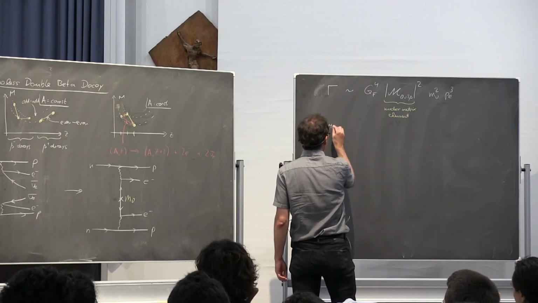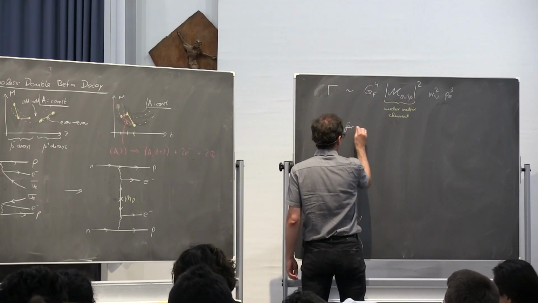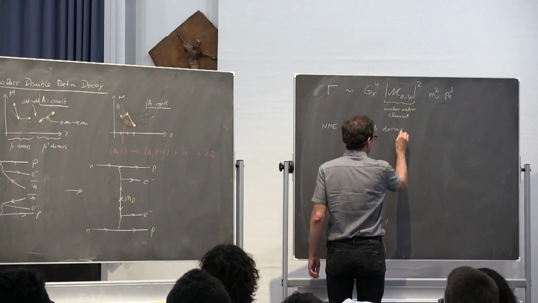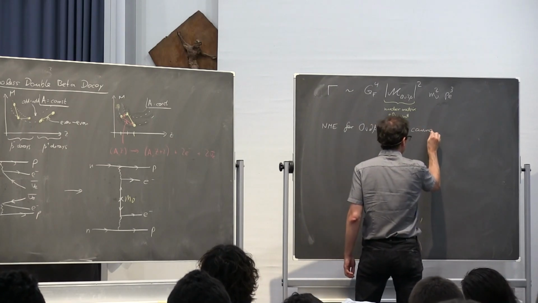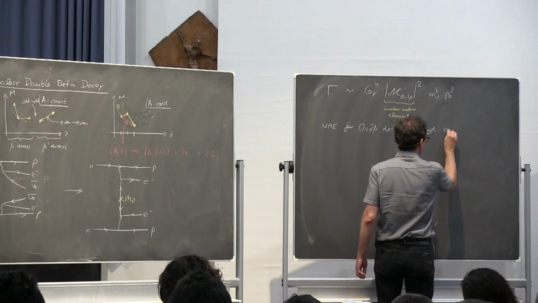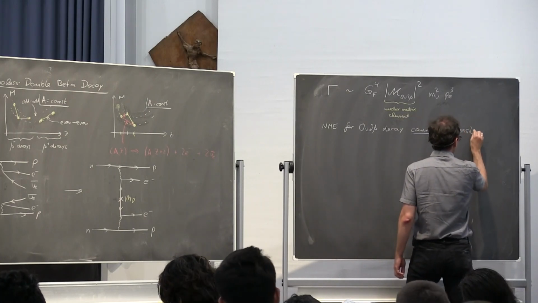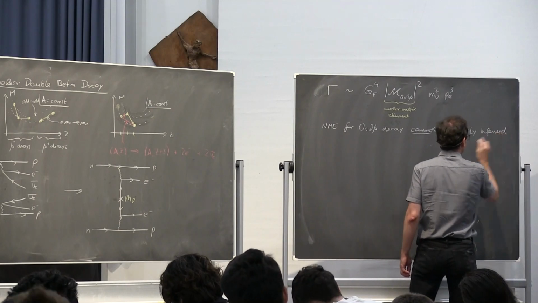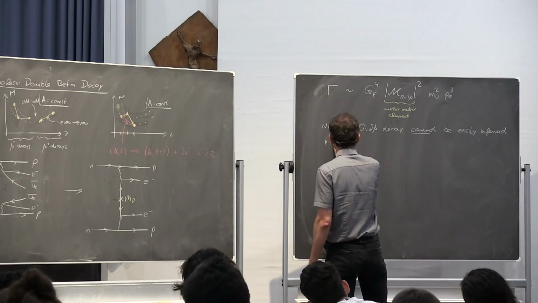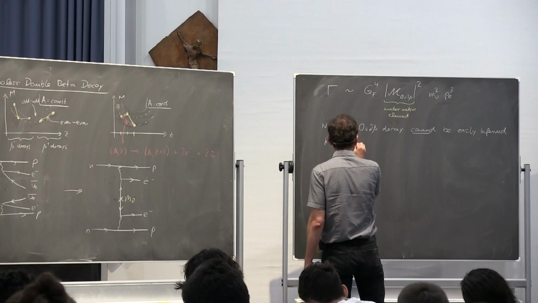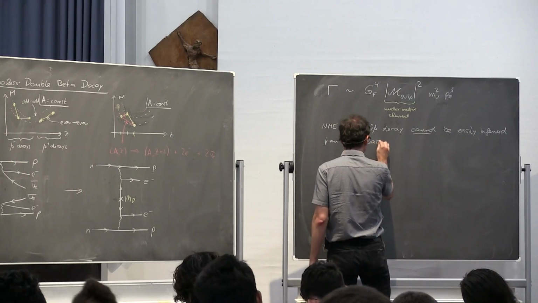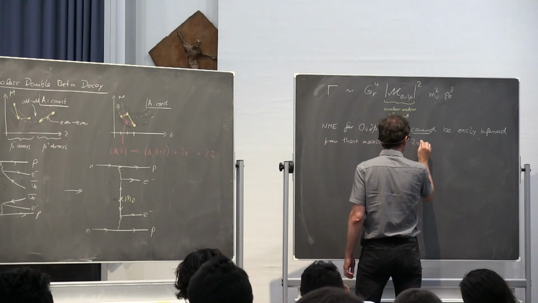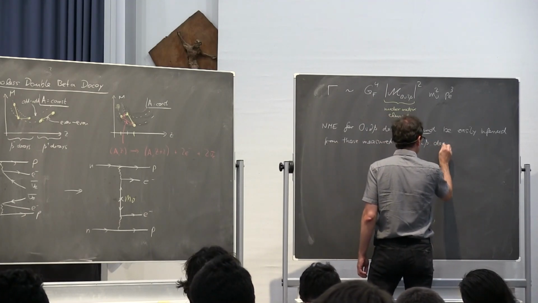So the nuclear matrix element for 0ν2β decay cannot be easily inferred from those measured in 2 neutrino double beta decay.